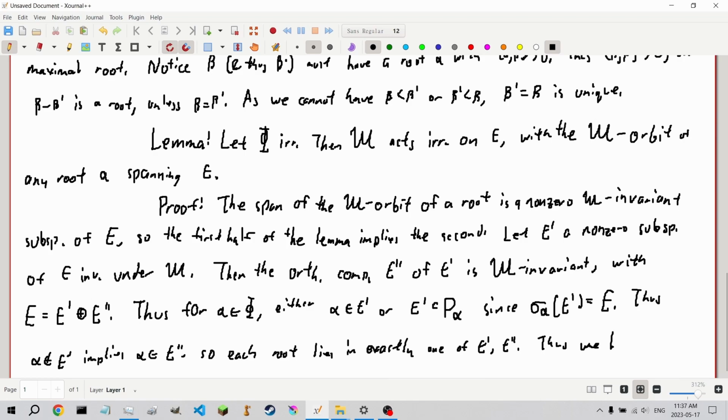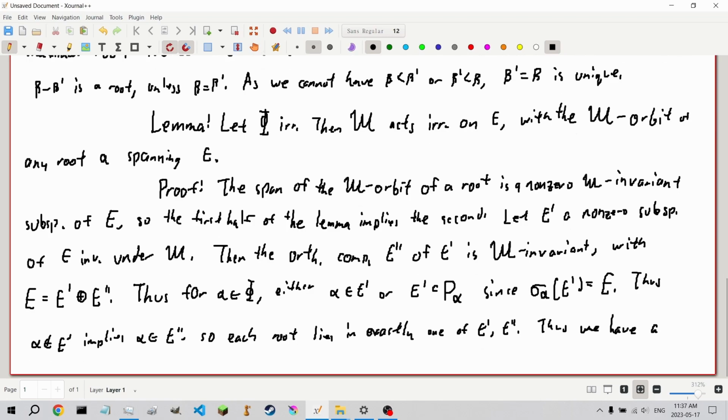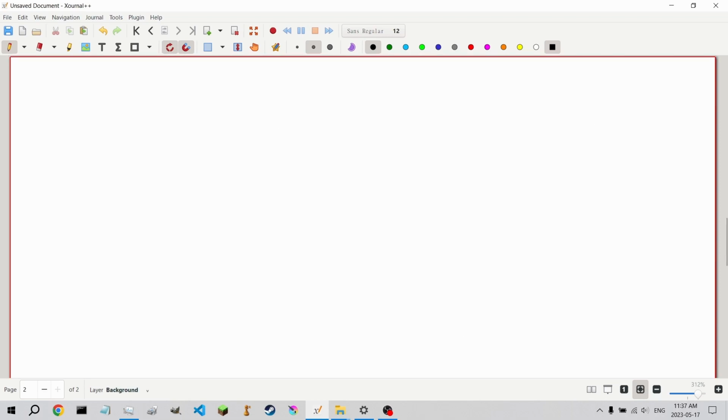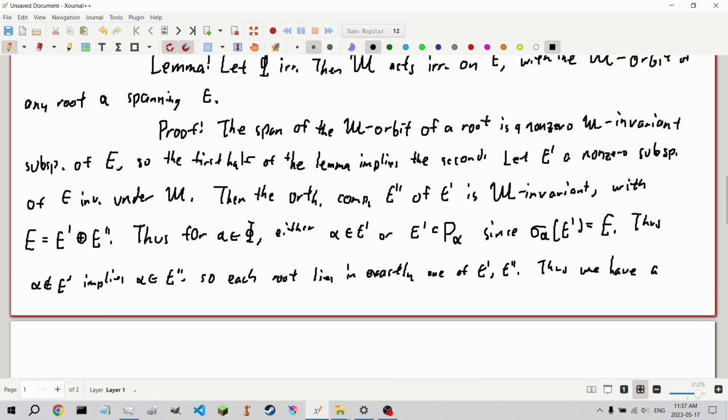Thus we have a partition of our root system into orthogonal subsets.